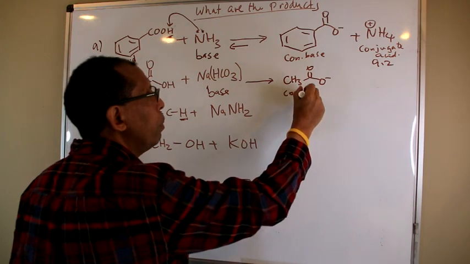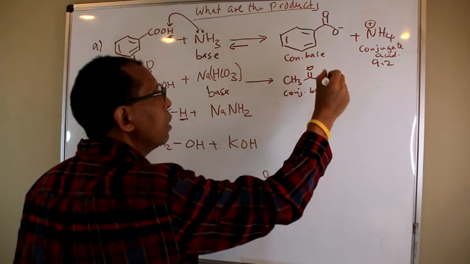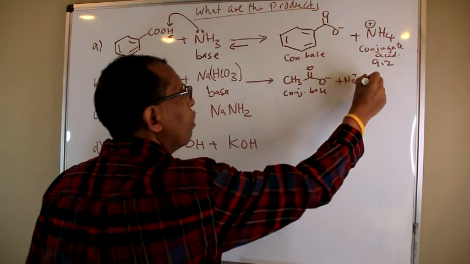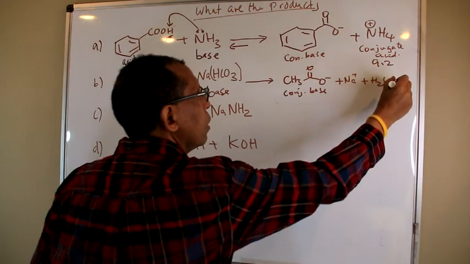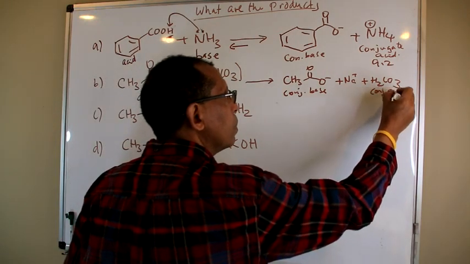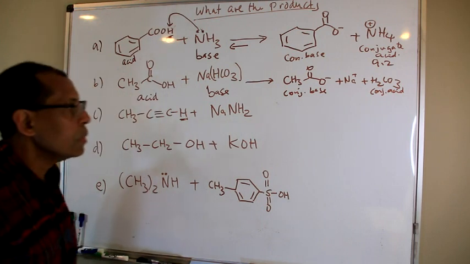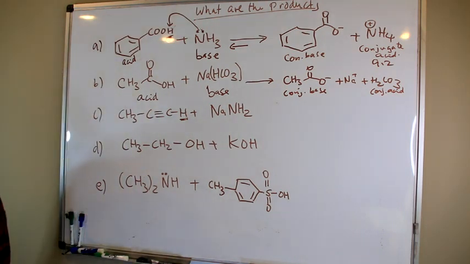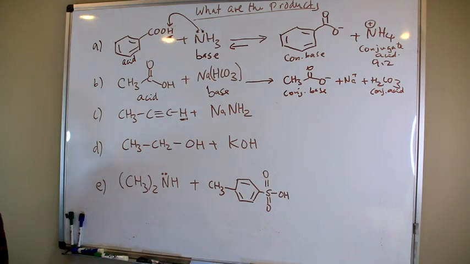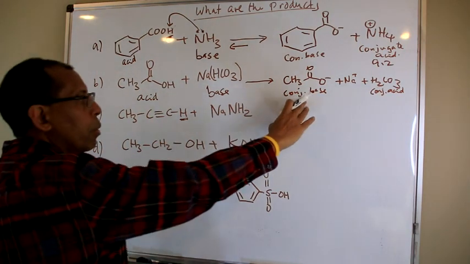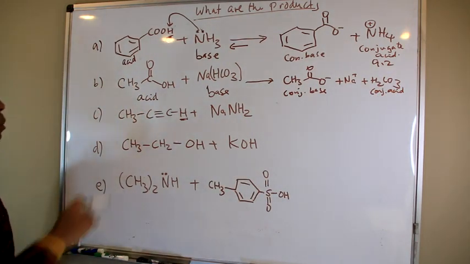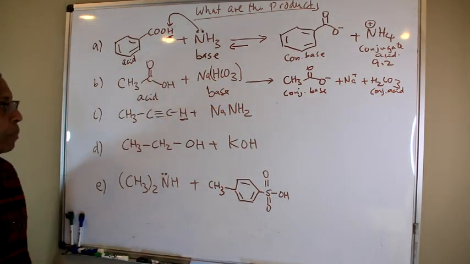This is a conjugate base, and the product is sodium plus H2CO3. This is the conjugate acid. So this is a reaction in the forward direction. You are generating a conjugate base and a conjugate acid. Remember, this is the acid and that is a base.